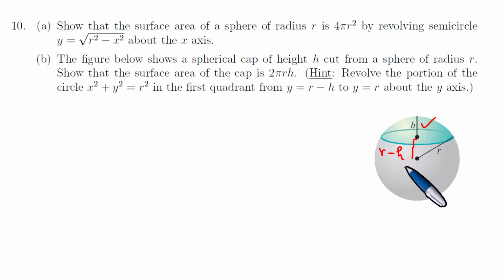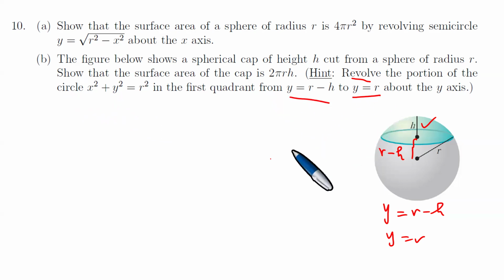But it's going to be the radius minus h, and that is going to be the y. So you're going to have y equals r minus h. But also we have y equals r. So revolve the portion of the circle x squared plus y squared equals r squared in the first quadrant, from y equals r minus h to y equals r, about the y-axis, meaning therefore the area of the surface, right?